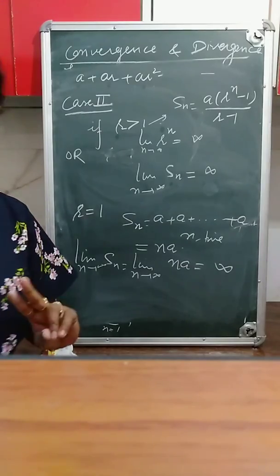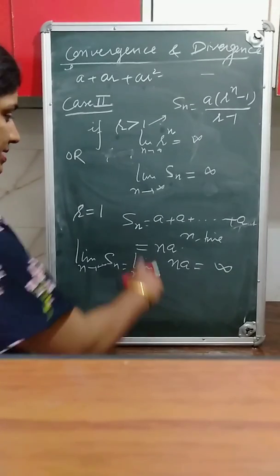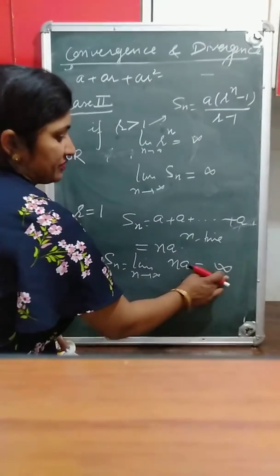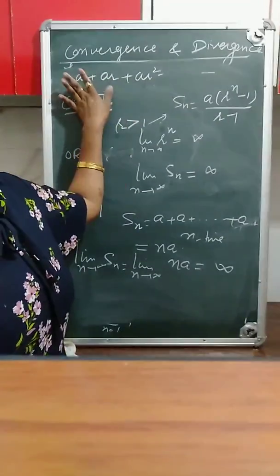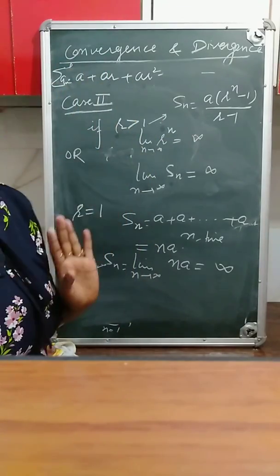So case 2, when r is greater than 1 or r is equal to 1, this Sn diverges to infinity, and therefore summation an, that is this series, will also diverge to infinity.